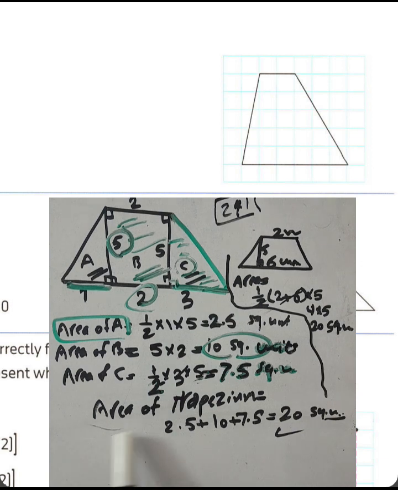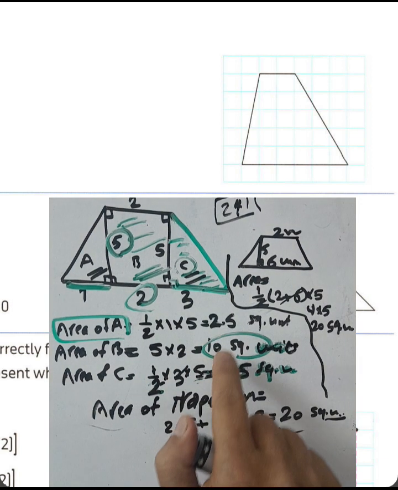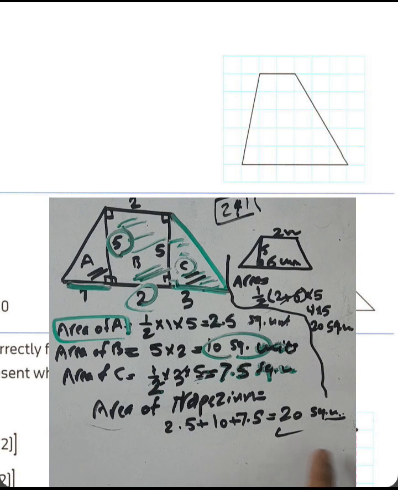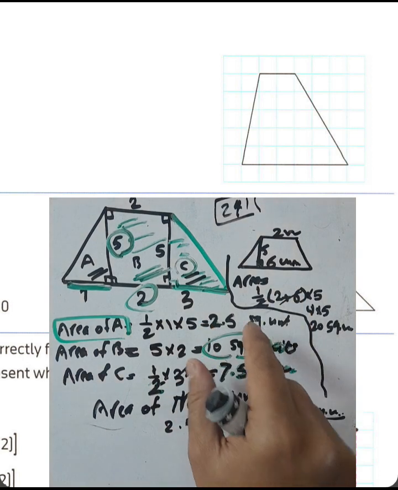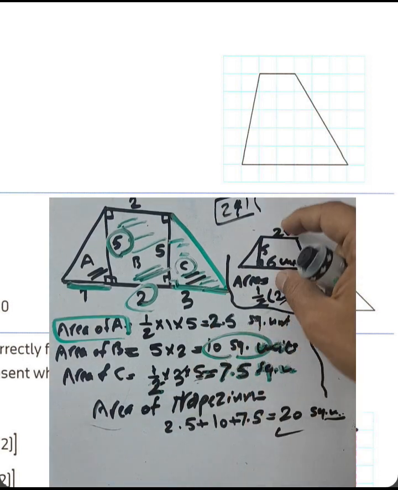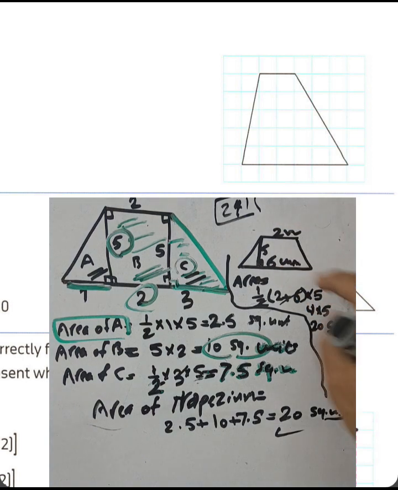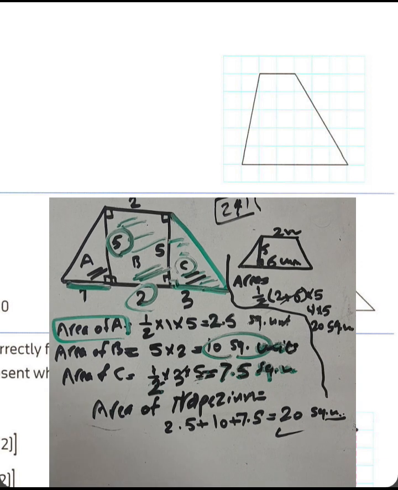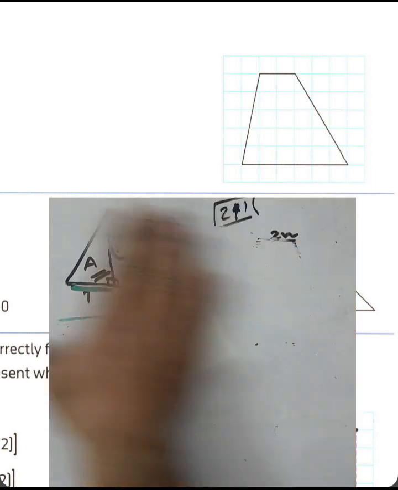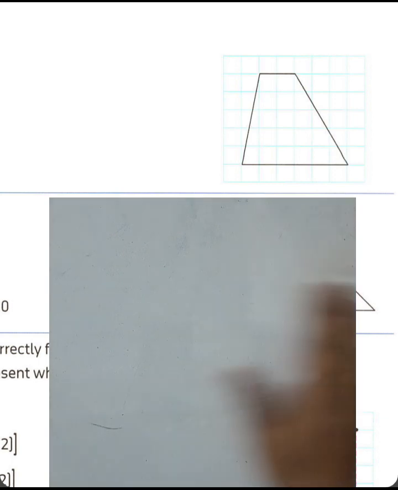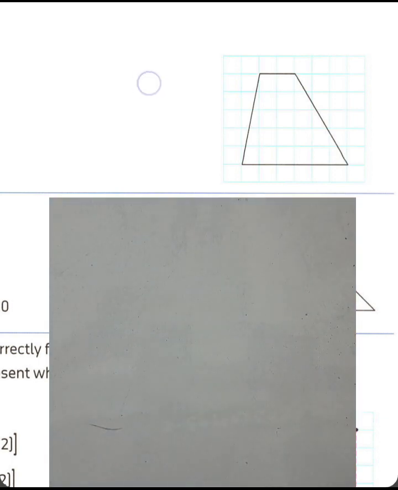The area of this trapezium will be 2.5 plus 10 plus 7.5, which is 20 square units. Or you can use this rule, half the sum of two bases 2 plus 6 times the height 5, and the result will be 20 square units. Okay, we have two methods to solve this example. Then the area will be 20 square units.